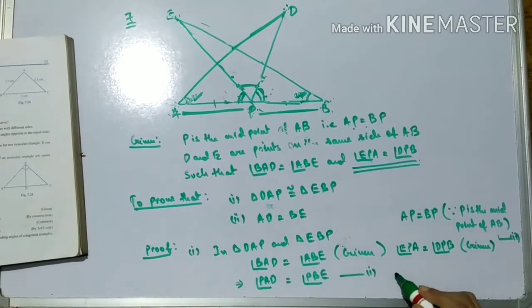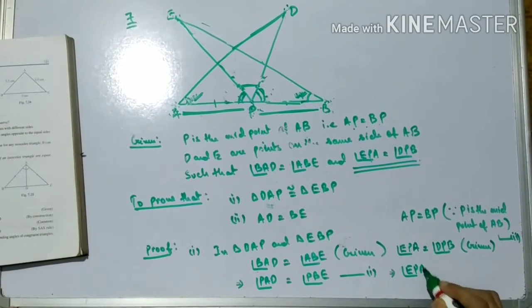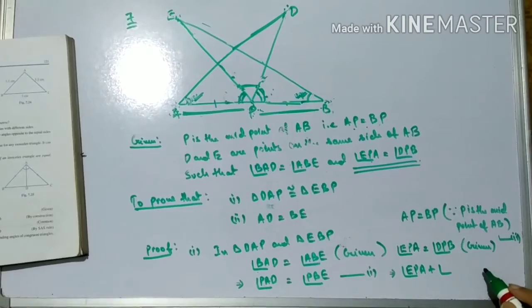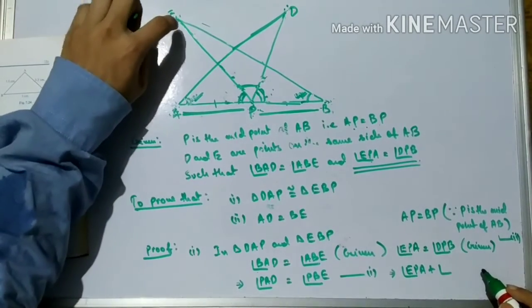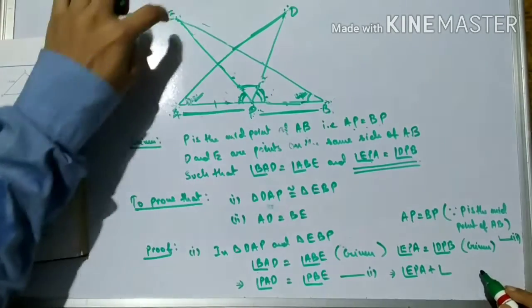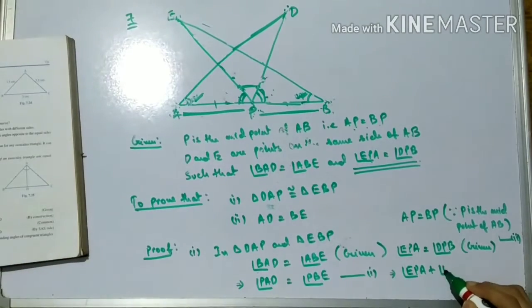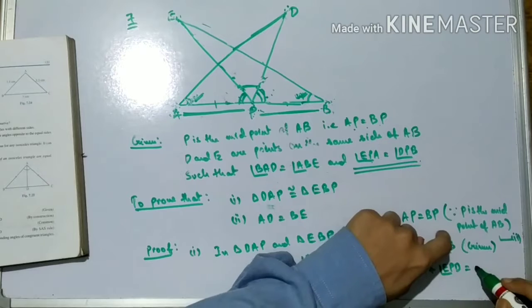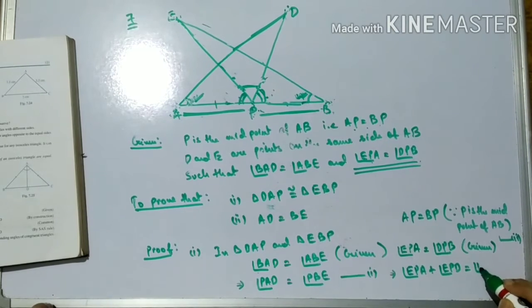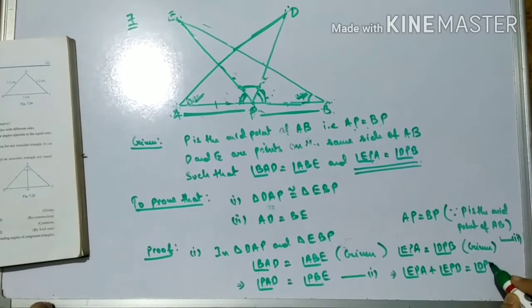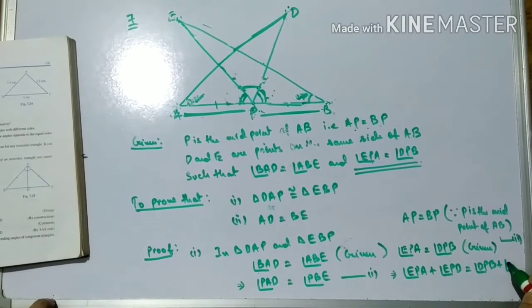So what will I write next? Angle EPA plus angle EPD is equal to angle DPB plus angle EPD.